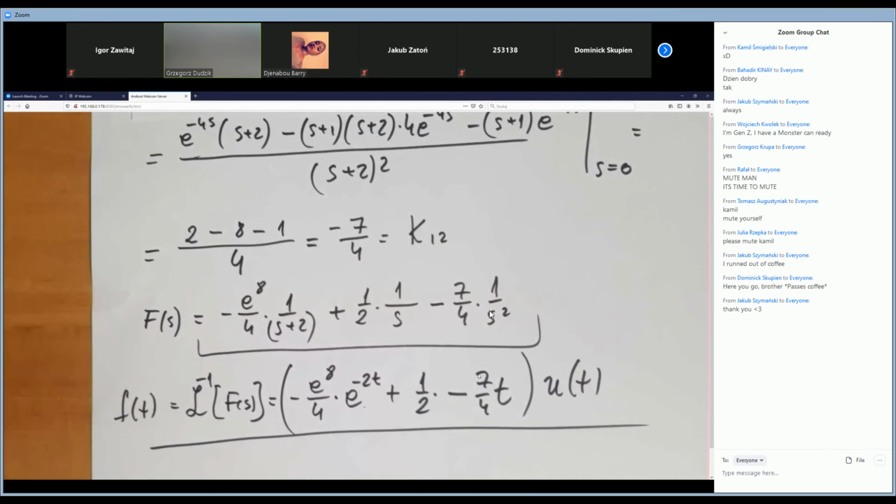So I think we'll continue in the next classes, next week, and we'll finish the examples with the conjugate poles, and then we'll start calculating the Laplace transform based on electronic circuits.